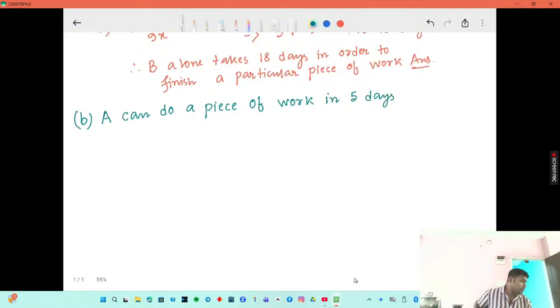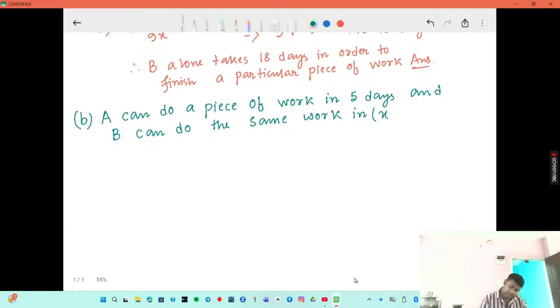And B can do the same work in x plus 5 days.